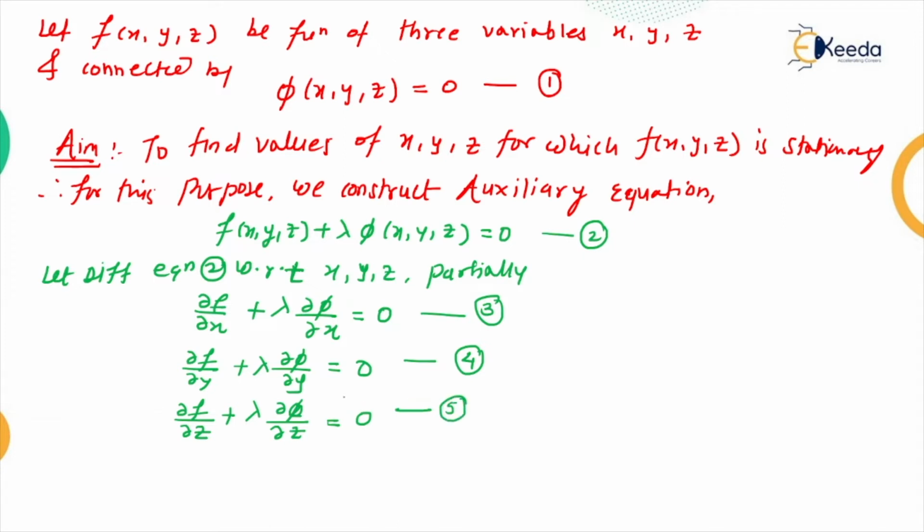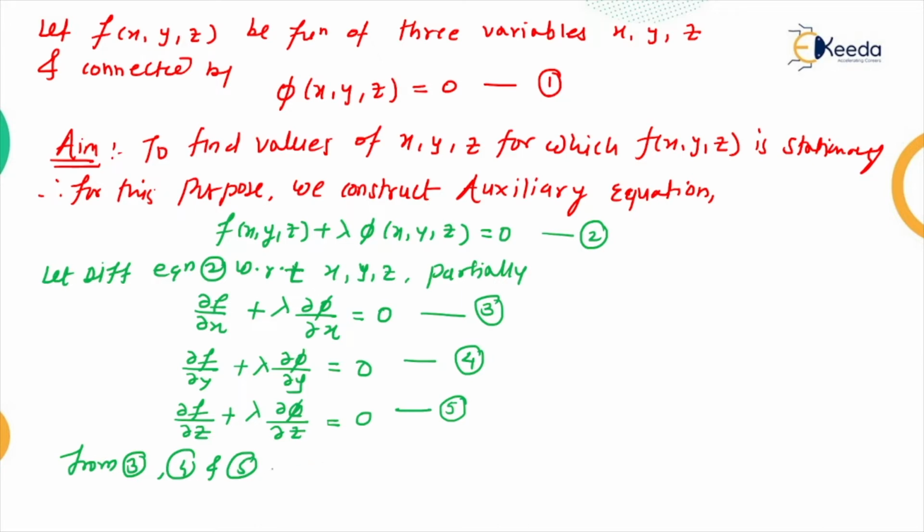So these are the equations we get after taking the partial derivatives of the auxiliary equation, equation 2. From equations 3, 4 and 5, we have to find the values of x, y, z.